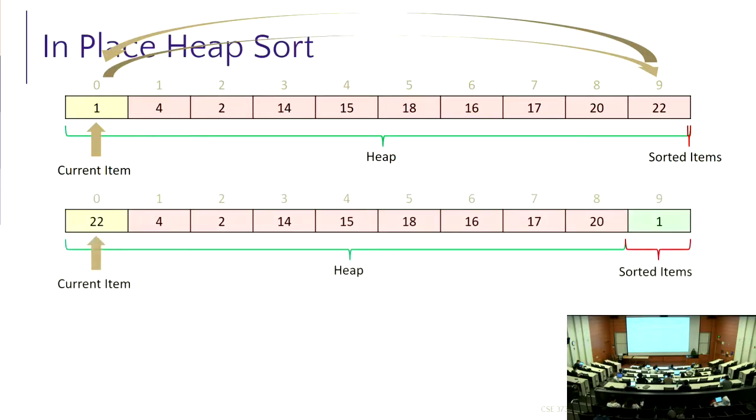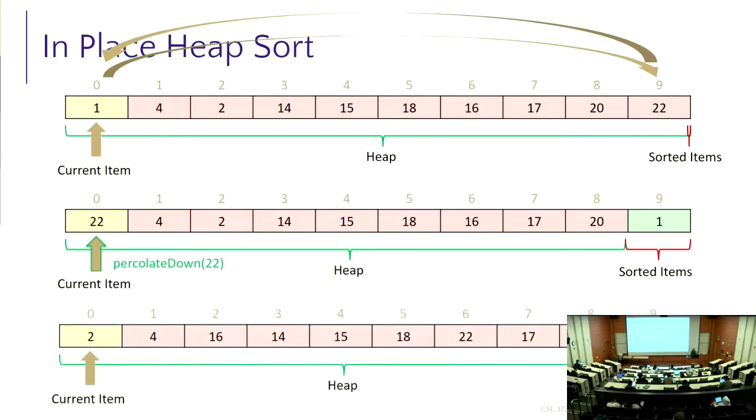Let's just keep the 1 over there. So now we've called remove min, we've swapped in 22, and we've put the 1 over to the most extreme right where that 22 used to be, because now I don't need that spot for my heap anymore, right? I've reduced the number of items stored in the heap by 1. I swapped that item in, and now I'm going to have to do my percolate downs until 22 ends up where it belongs, and then the 2 percolates up.